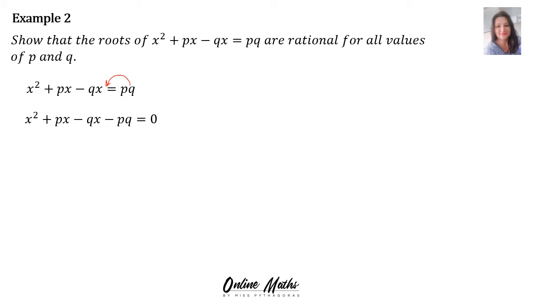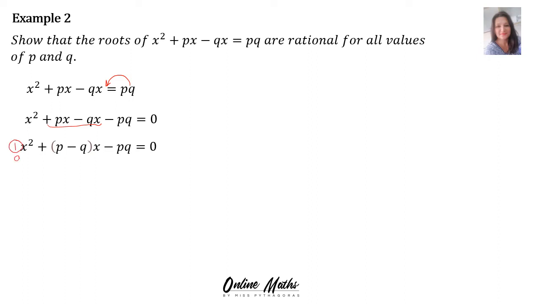Then you will find there's a plus px and a minus qx. Both terms contain an x, therefore I'm going to factorize by taking out x as a common factor. Then I have my equation in standard form, and now I can assign a value for a.